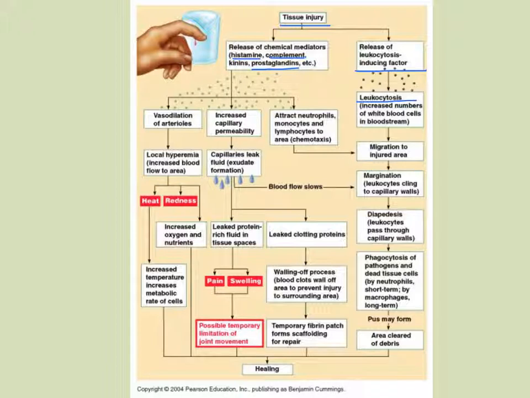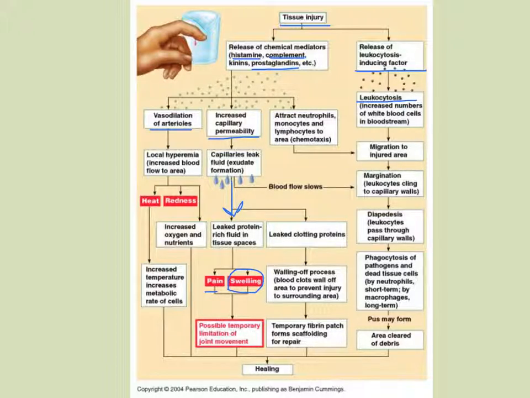These are all involved in encouraging vasodilation of your arterioles, so more blood is coming to the area, but also making the capillaries leakier, more permeable, and so that will increase the blood flow, and the capillaries will end up working to more fluid being in the interstitial space, which then leads to swelling, which also can, as a side effect, sometimes lead to pain.